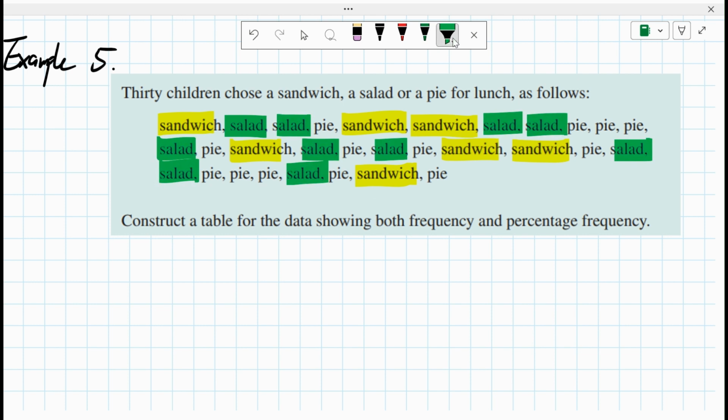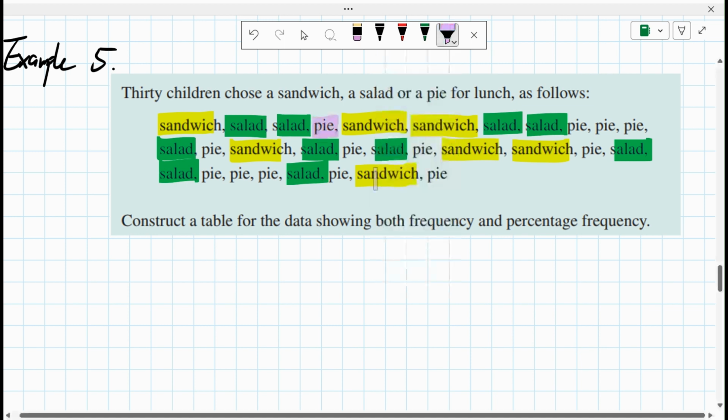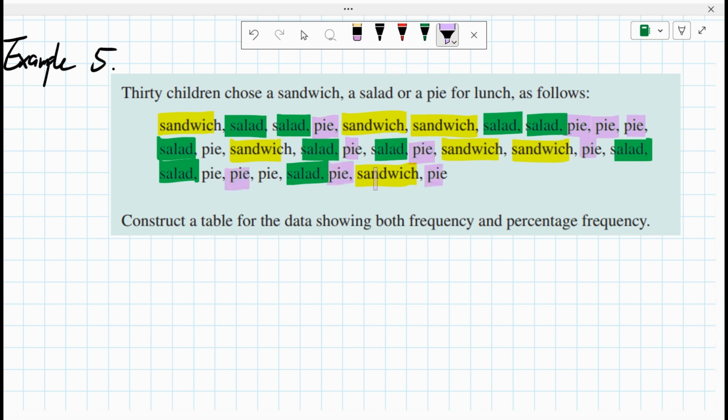And pie, I guess maybe in purple, fourteen of them. Okay, perfect. Now in total it looks like around 30.